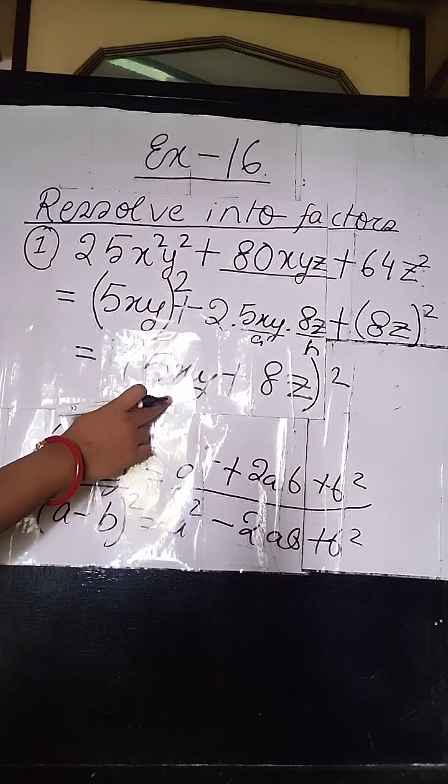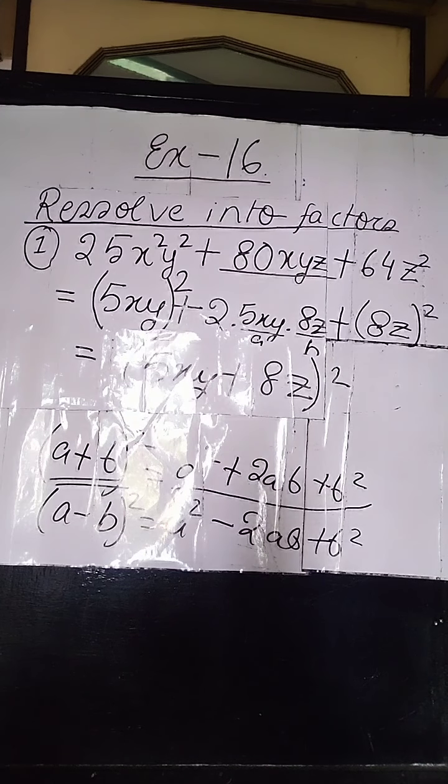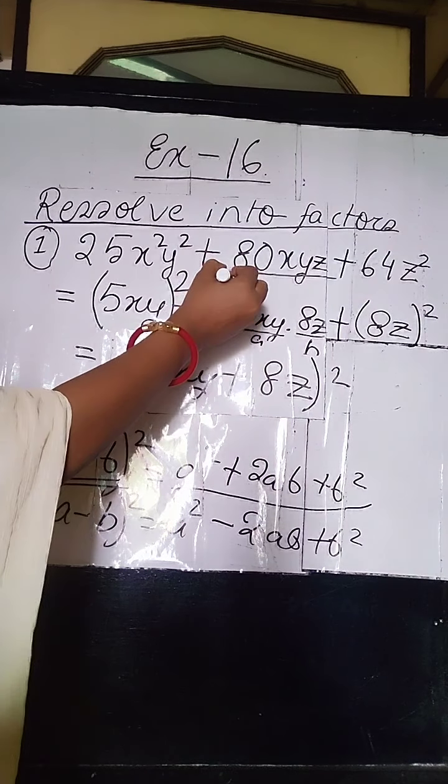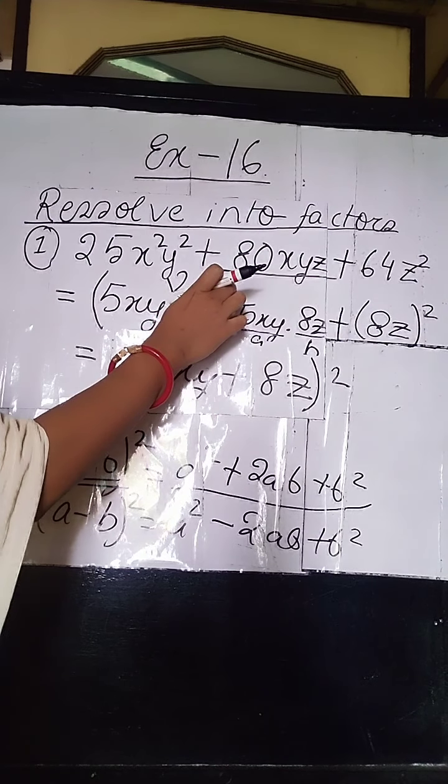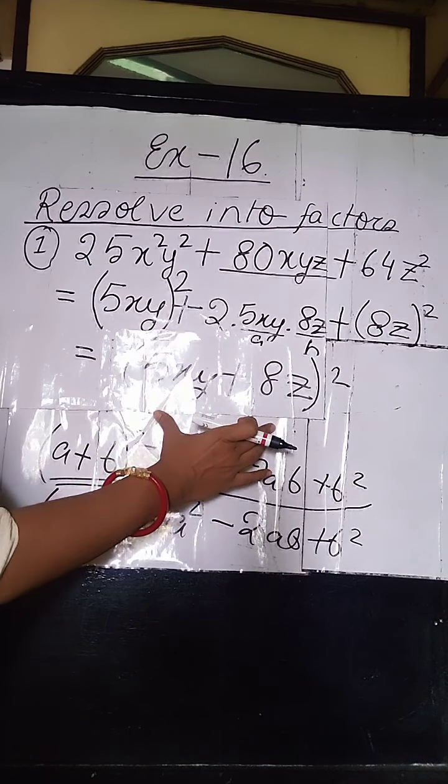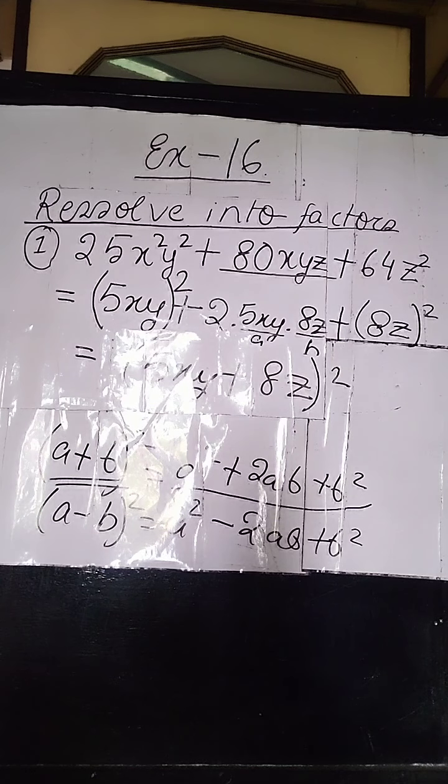Here a is 5xy and 8z is b. So here we will be given the form a square plus 2ab plus b square, and we have to find of what formula this sum is. That means we have to find out the a plus b whole square form.